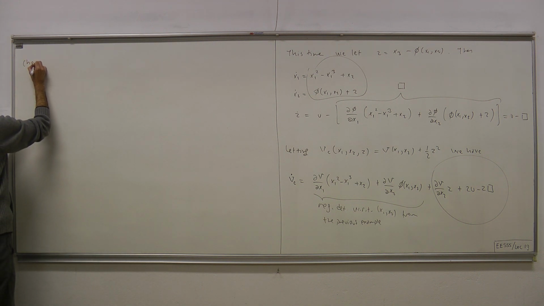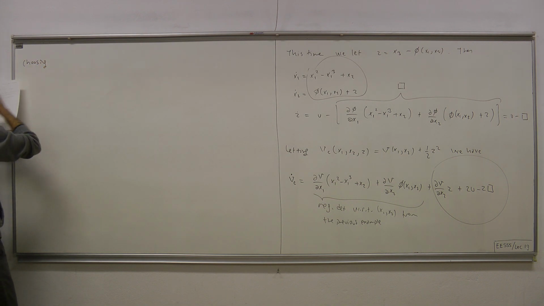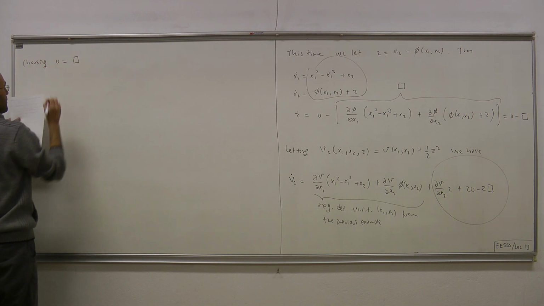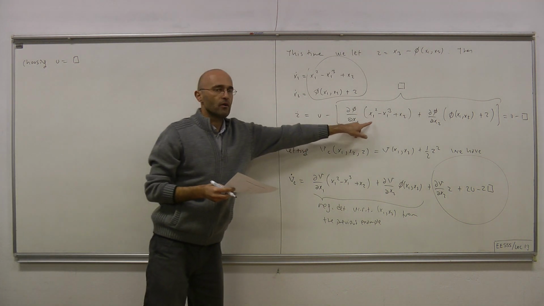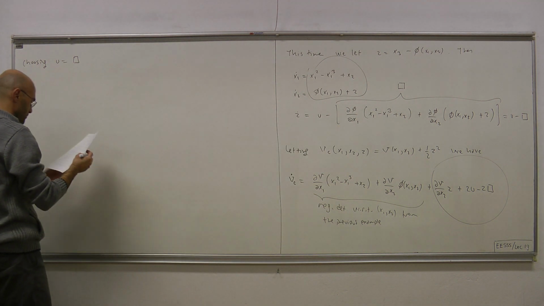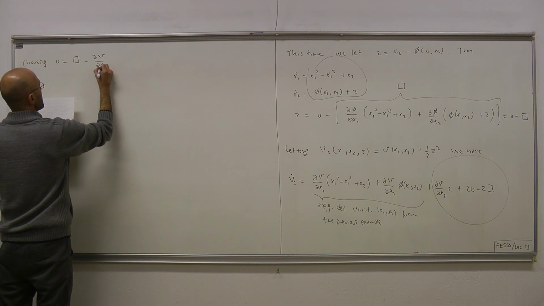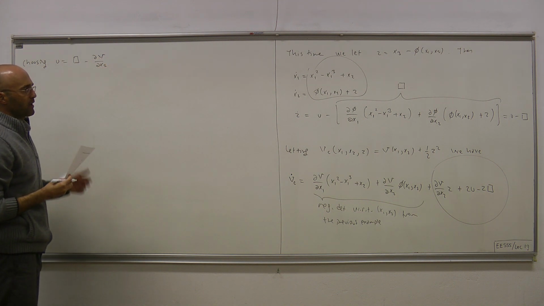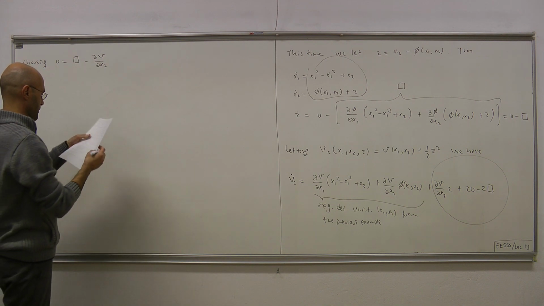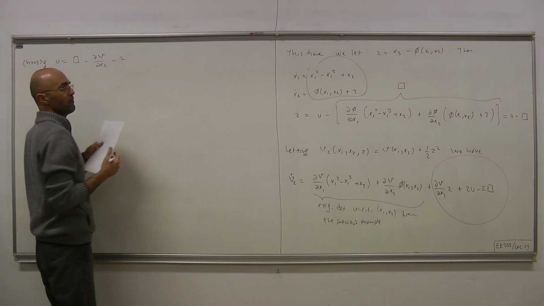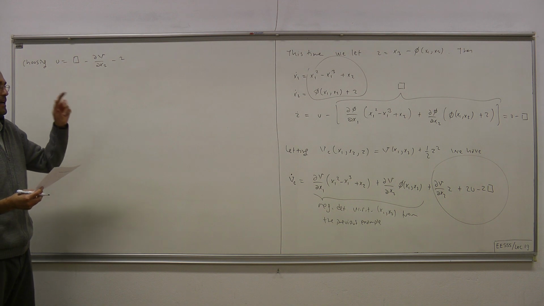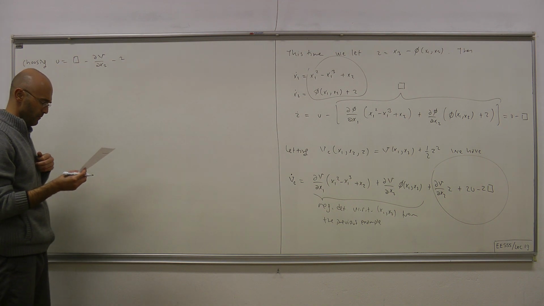And that's easy, choosing u equals this cubic, big and ugly term, minus partial v with respect to x2, and then add the final minus z, so that in the end we are left with minus z squared.